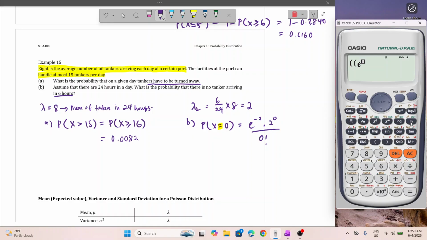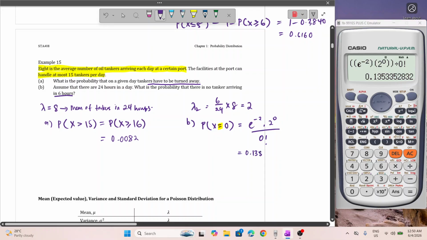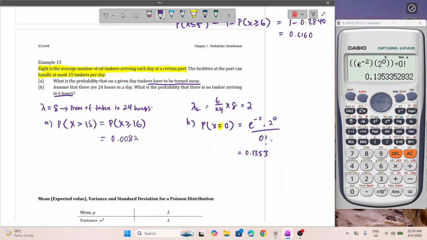Shift ln to the power of negative 2, close the bracket, open it again, 2 to the power of 0, close the bracket, over 0 factorial, equal to 0.1353. That is the answer for example 15.